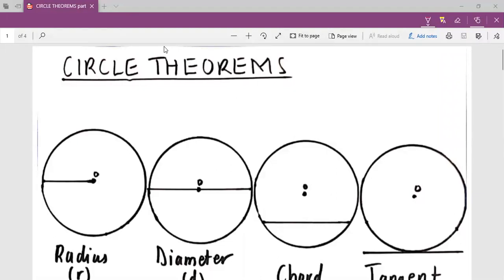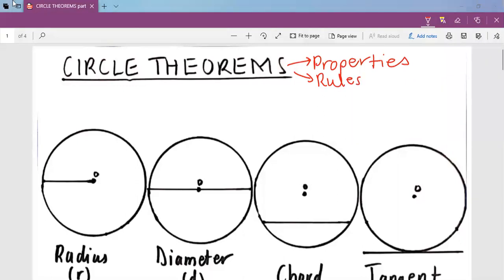So, first of all, when you hear the word theorem, it takes us back to the meaning of property, which we looked at before. Properties and theorems act in the same way mathematically.